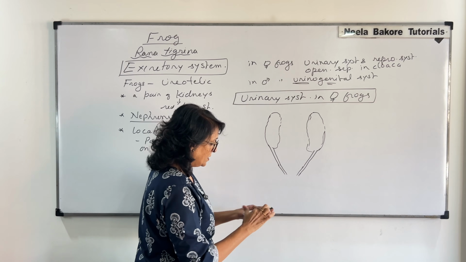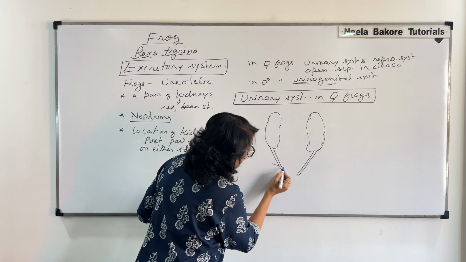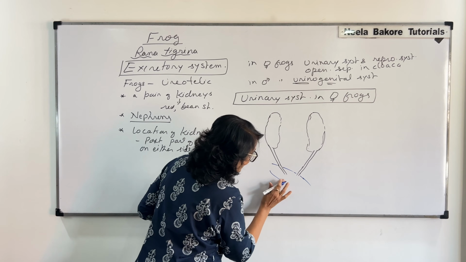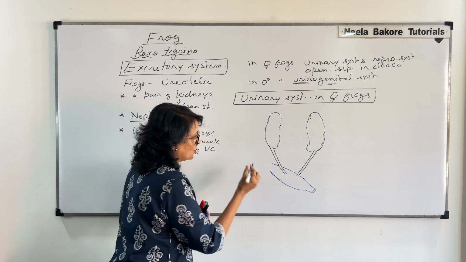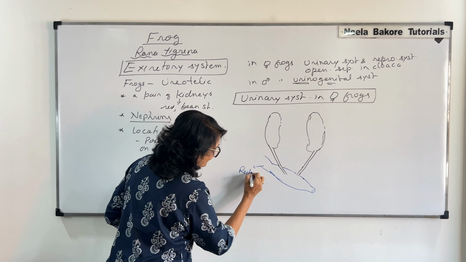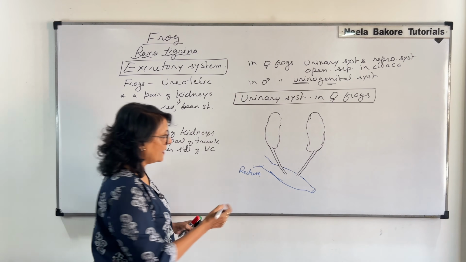So let us draw this sac-like structure. So say this is the cloaca, and this is the opening. So this part is rectum, that is the part of the digestive system which opens into cloaca.